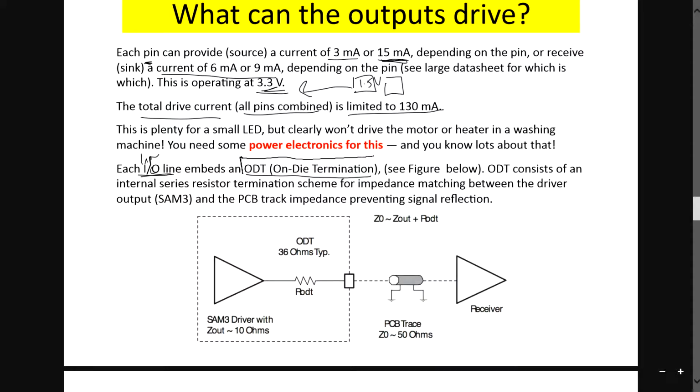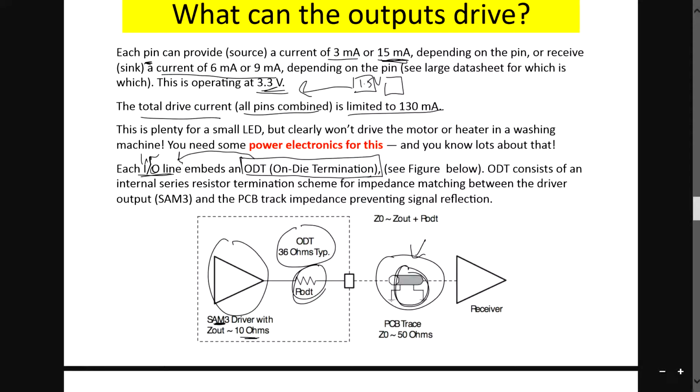Just take note that ODT, on-die termination, is always embedded within the input-output line. That's all it is. If you take a look, this is the ODT, and this is your driver, your Arduino, and you send in with a certain 10 ohms, and there's a PCB trace. The purpose of the PCB trace, I may be wrong, but from what I take note of, is there'll be a certain impedance over here. If this impedance matches the impedance of the ODT, then you allow the receiver to light up or something like that.